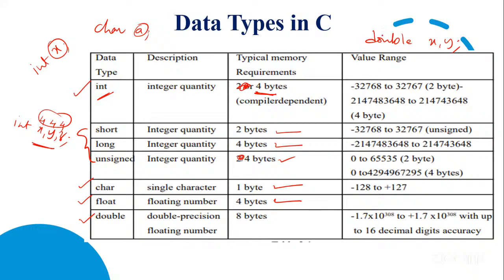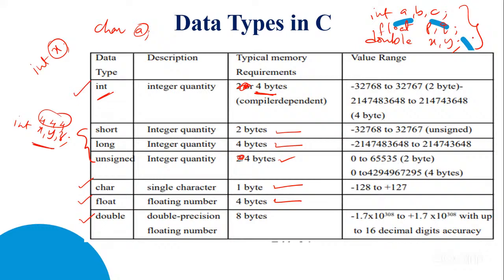If I say int a, b, c and float p, q and double x, y, total how much memory will be occupied for these variables together? Sir, 27. No, no. Sir, 24.